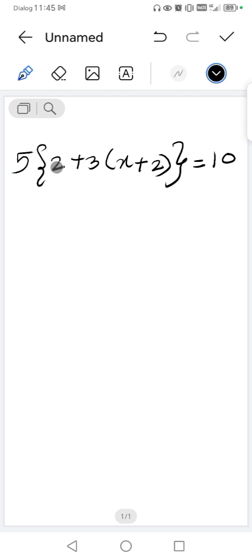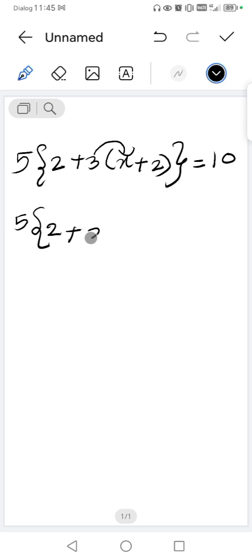Okay, so now you see 5, curly brackets. First of all we have to consider the small bracket. Here 2 is okay, plus we have to multiply by this 3, because here there is the addition mark.